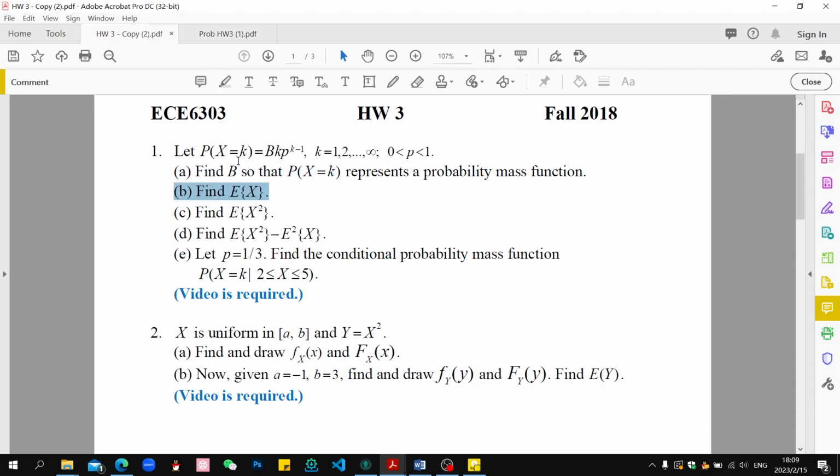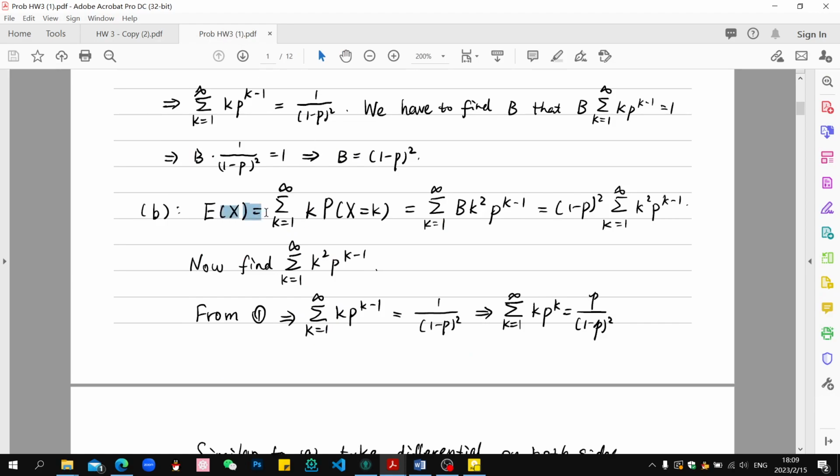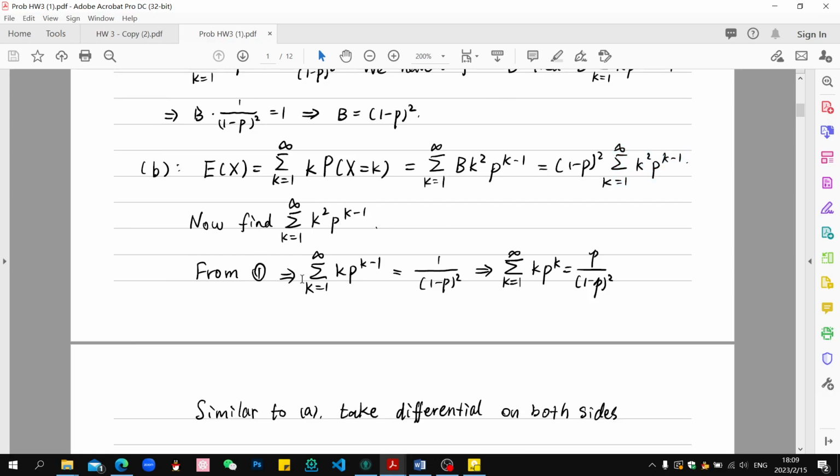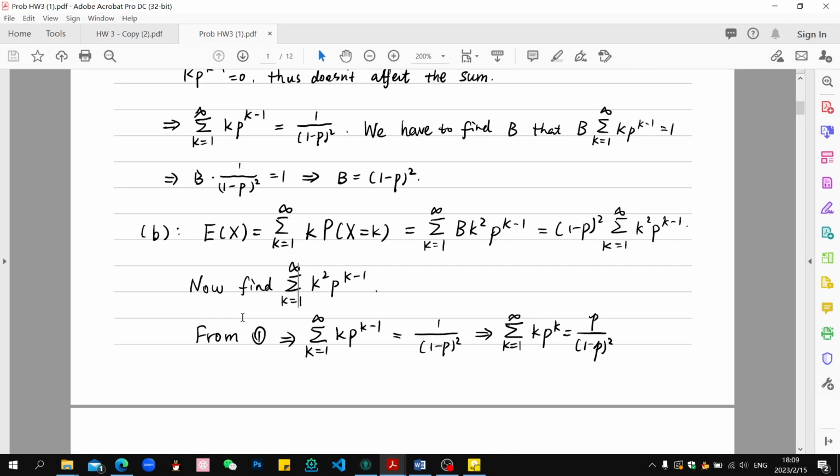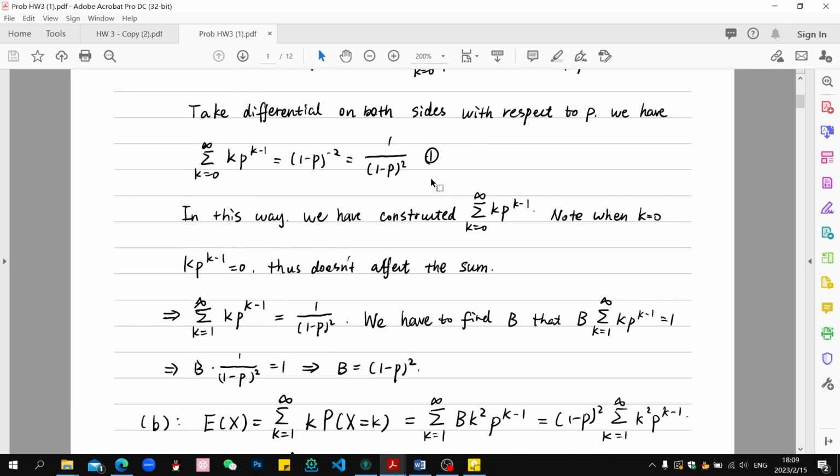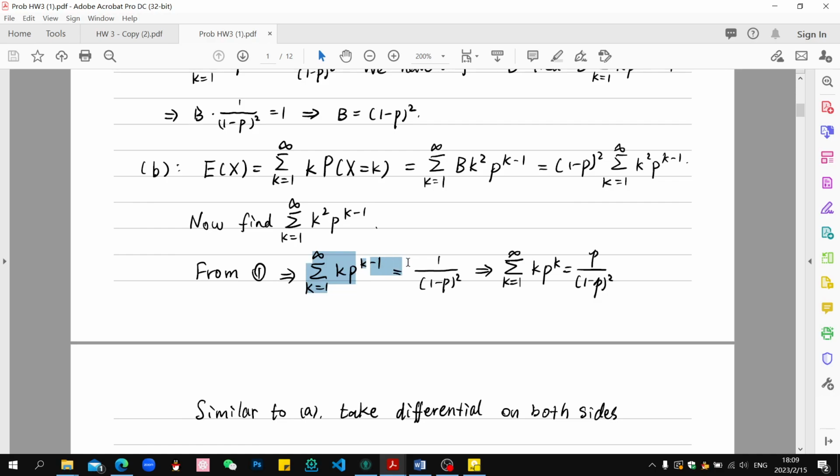Question B asks us to find the expectation for x. The expectation for x is this sum. Then we can substitute in the real value for b here, and then we have to find this sum. From formula number 1, we know that this sum is 1 over (1 minus p) squared. So we can multiply p on both sides, and then we get this sum.